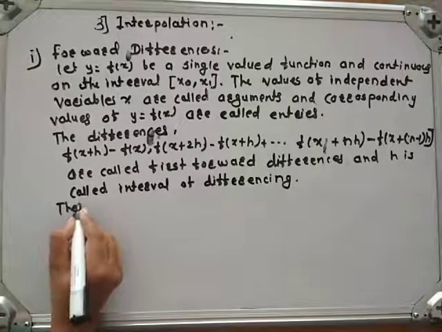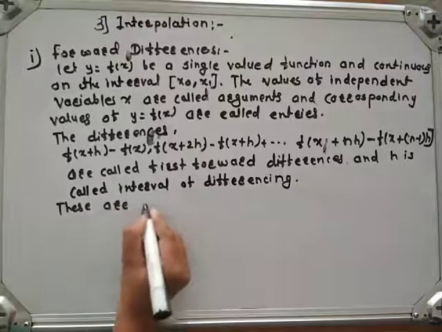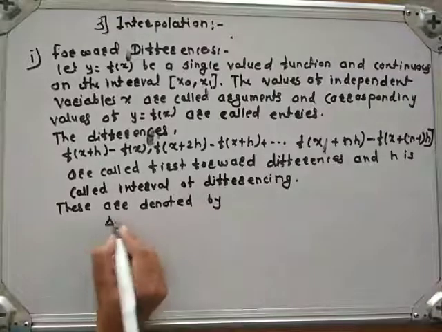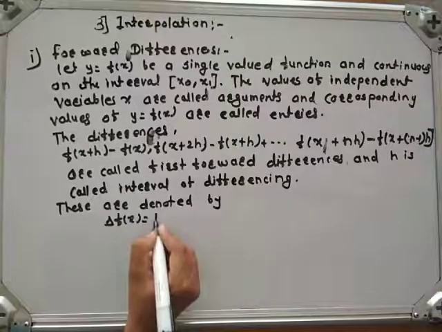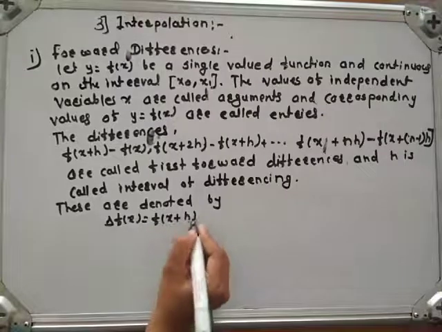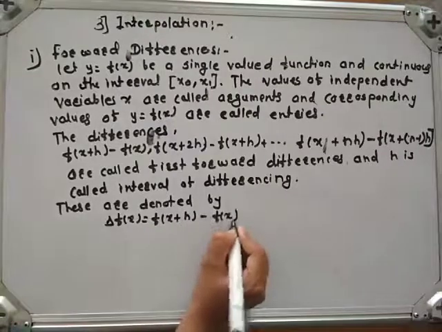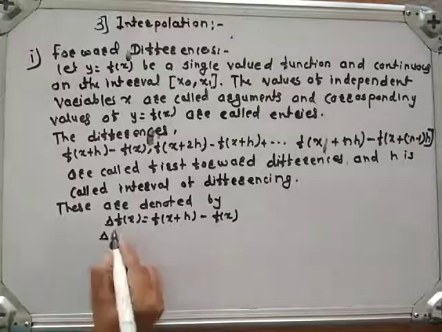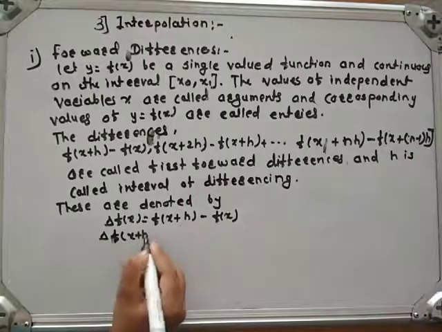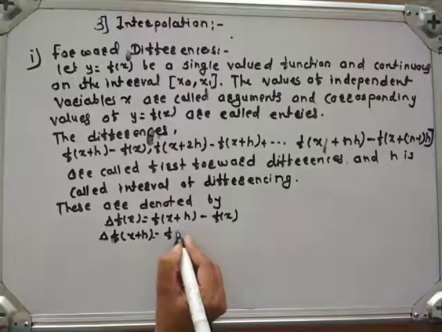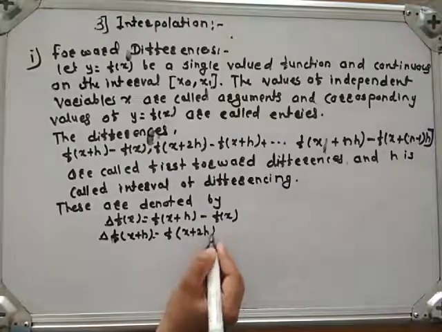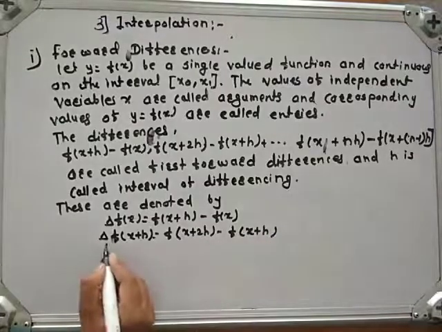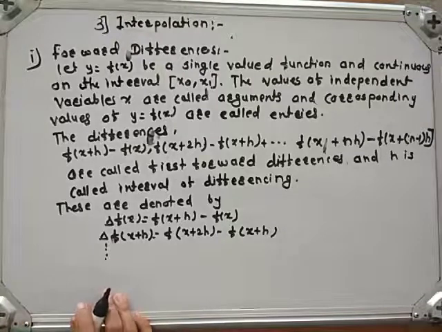These are denoted by delta f of x is equal to f of x plus h minus f of x. Next, delta f of x plus h is equal to f of x plus 2h minus f of x plus h, and so on.